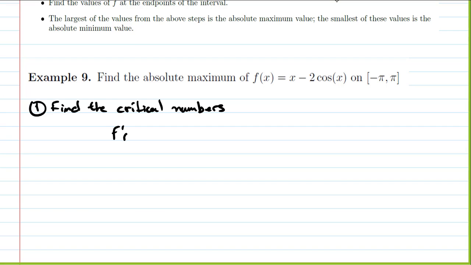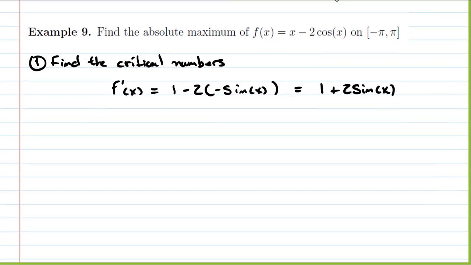So we find f prime of x, so the derivative of x is 1 minus 2, and the derivative of cosine is negative sine. So then that gives us 1 plus 2 sine x. So then we set that equal to 0 and solve.